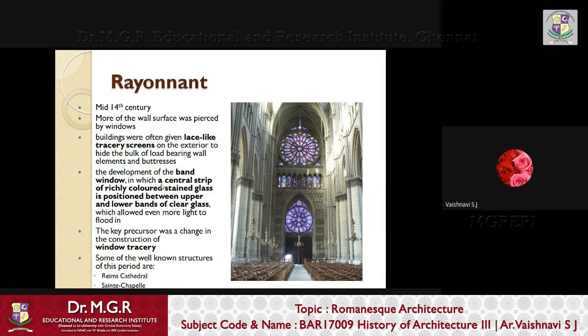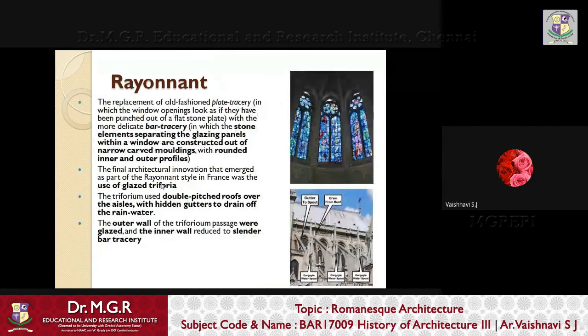So they have provided clear glass only for the lighting purpose, and then they started using window tracery. So the style had importance. Two examples of cathedrals: one is Reims Cathedral and one is the Sainte-Chapelle. Next one is the Rayonnant.